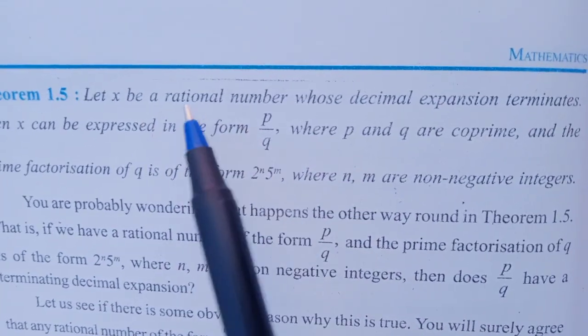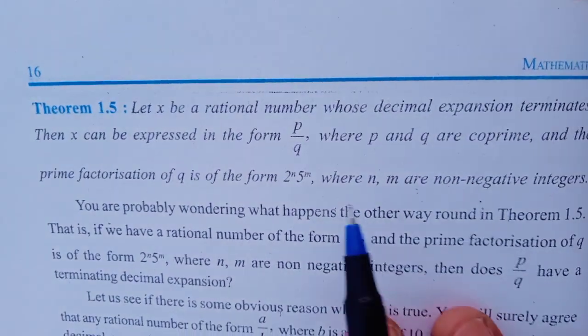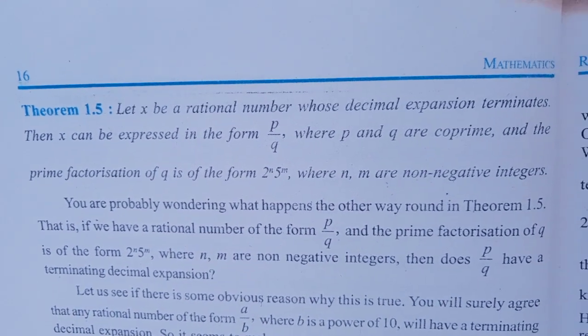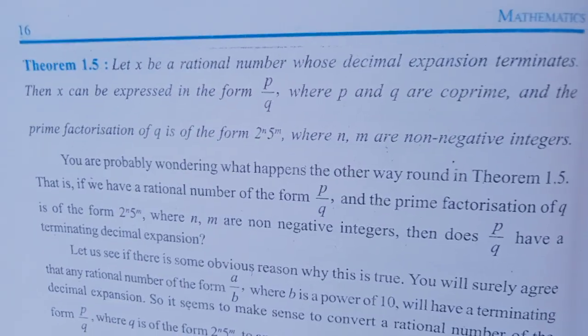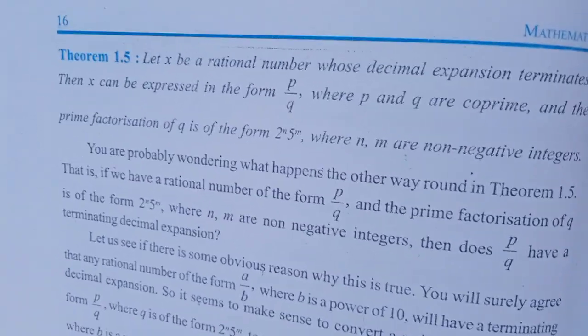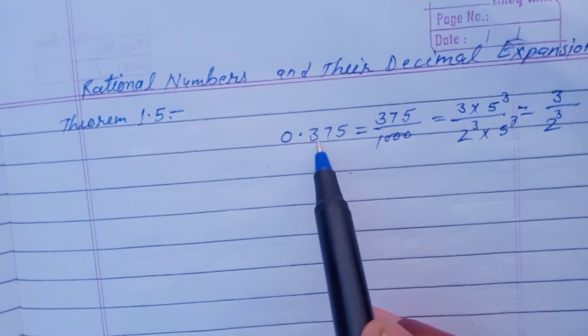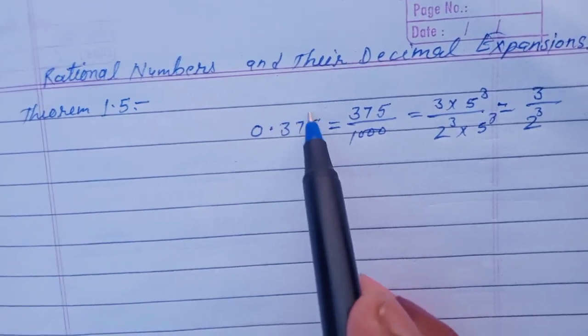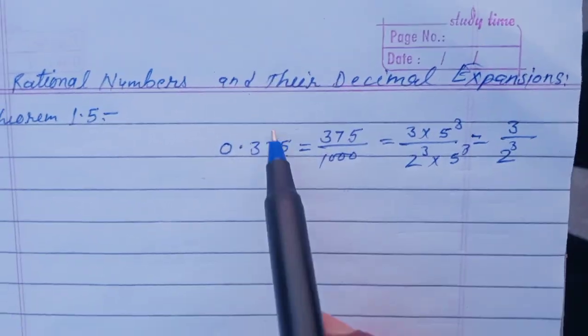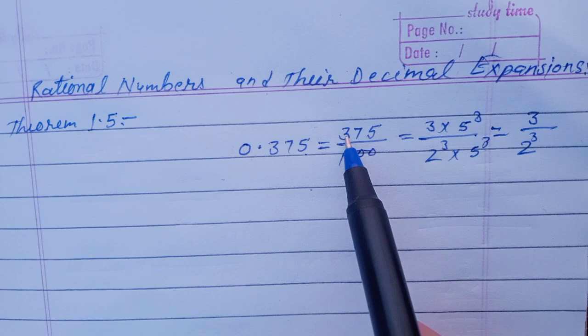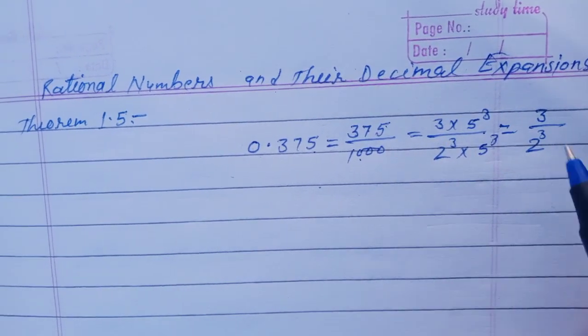So if a decimal number is terminating, it has a definite number of decimal places. See here an example, 0.375, this is a terminating decimal. It can be written as p upon q, 375 upon 1000.